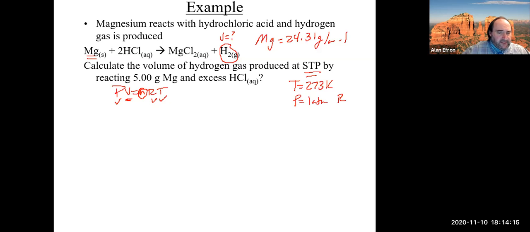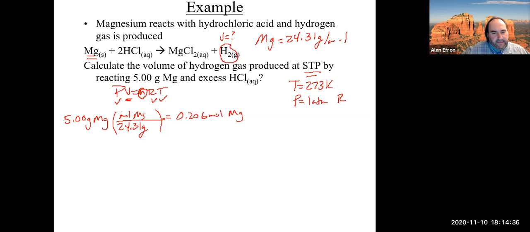The equation looks balanced, which means the next thing we want to do is take the grams of magnesium and, using the molar mass from the periodic table, convert it into moles. It looks like we will get something like 0.206 moles of magnesium.